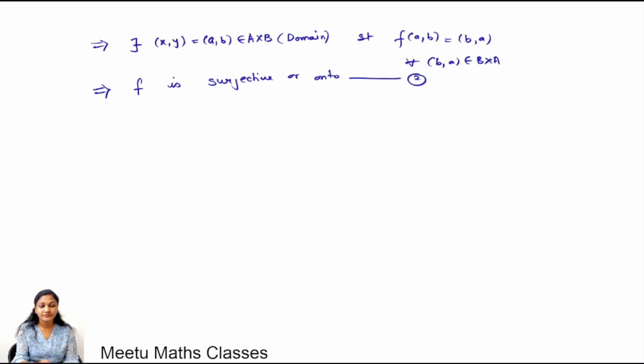And since your function is injective and surjective, 1 and 2 imply that f is bijective.